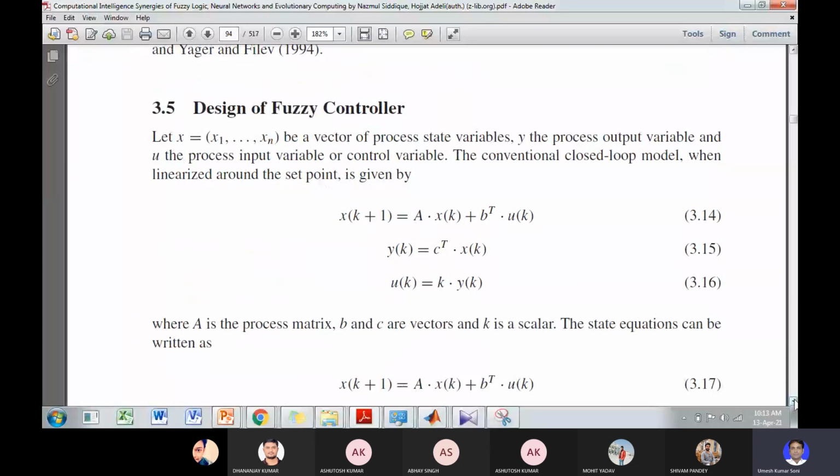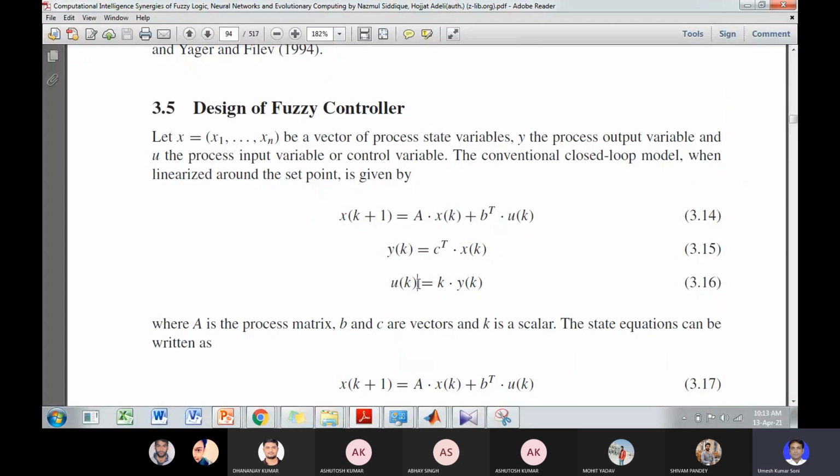Here you see the simple control scheme, simple control structure: x k plus 1 equals a x k plus b uk. Uk is the input at any time in the controller, and yk is the output, and xk is the state.